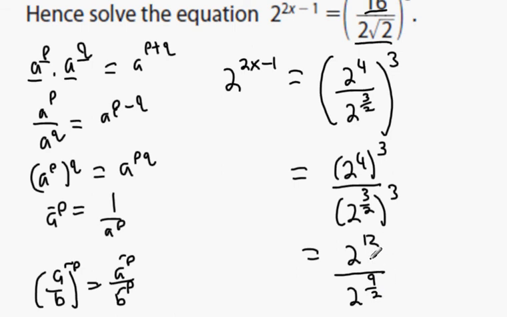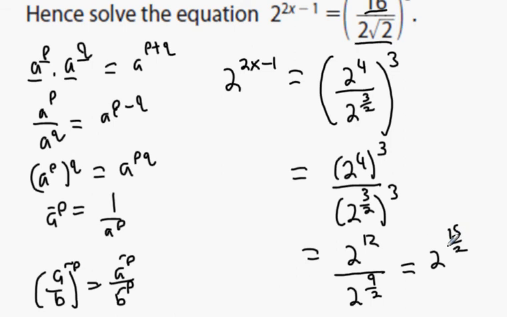And now you can take them away, and what happens when you take them away? 4.5, 12, 7.5, 15 over 2? Yeah. 2 to the power of 15 over 2. Okay?